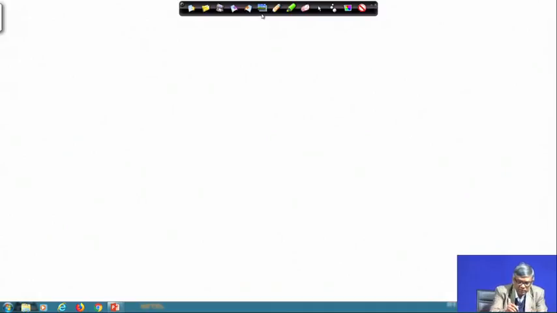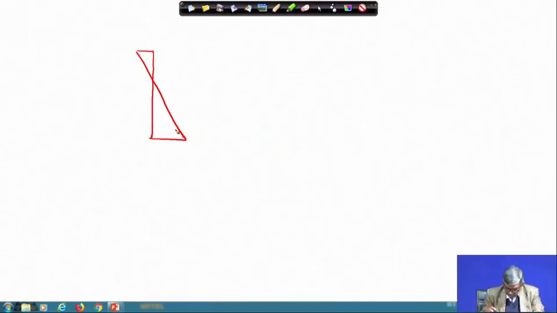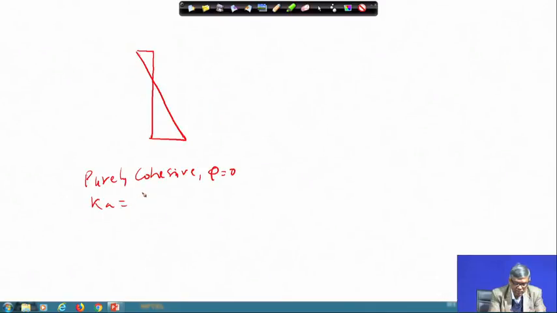You know that the pressure diagram is something like this. Okay. So, purely cohesive, phi equal to 0. So, that means your K A becomes 1, that is one thing.